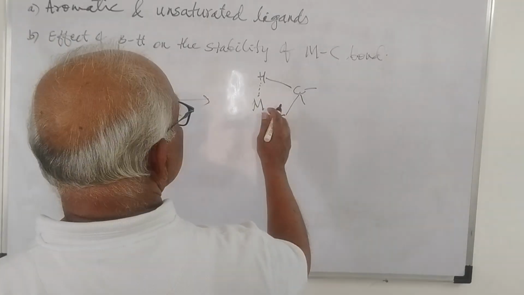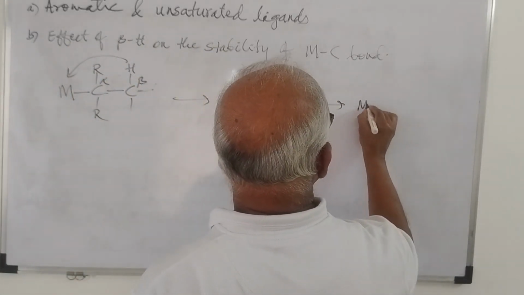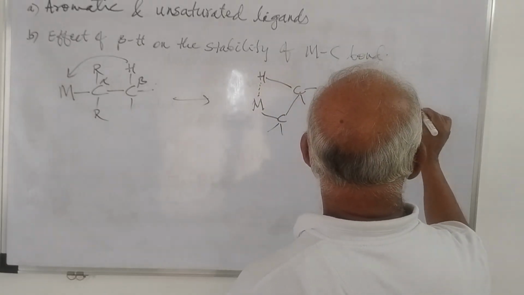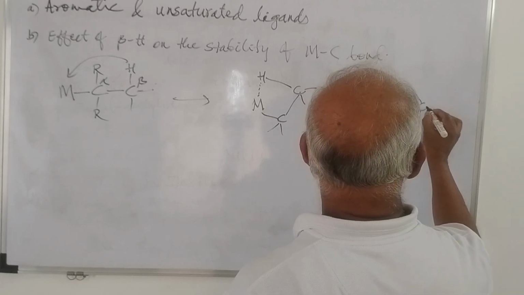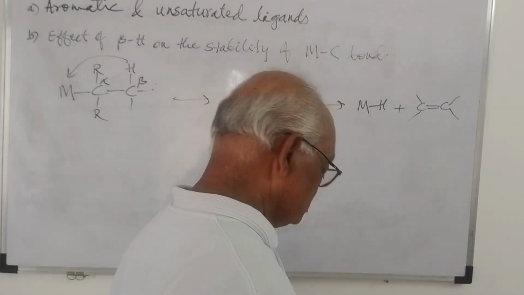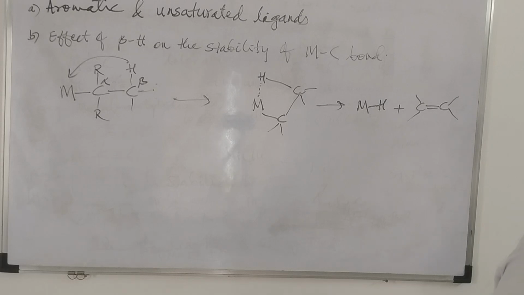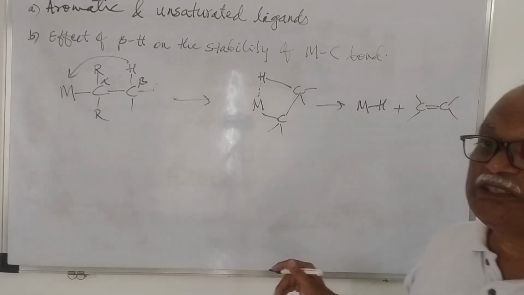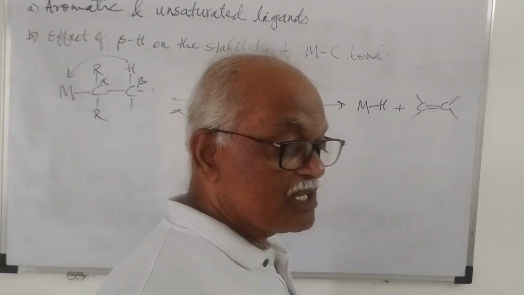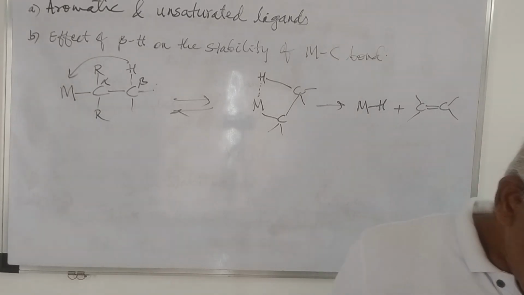As a result of this, the bonds are broken and we get the metal hydride plus this structure, like this. So you can get the structure in this way. This reaction can also be considered in reverse form for the synthesis of these compounds.